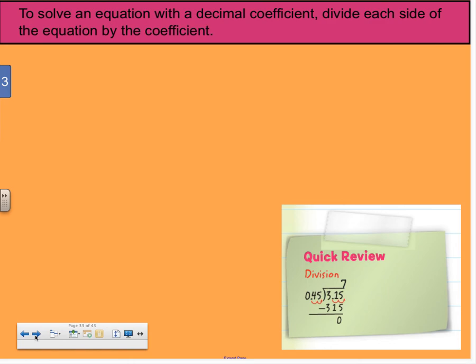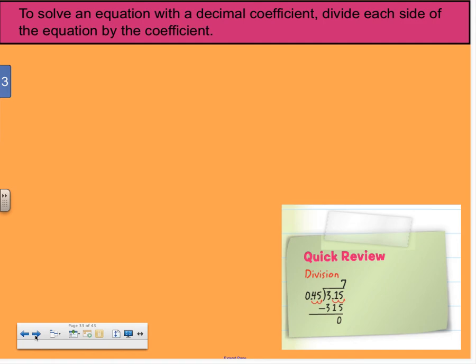Well, that's handy because read this with me, and we're going to figure out how to solve that. To solve an equation with a decimal coefficient, divide each side of the equation by the coefficient. All right, so that's pretty straightforward, right?